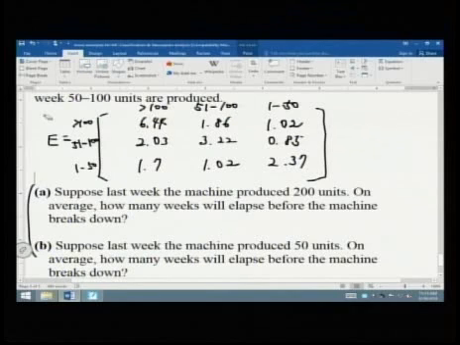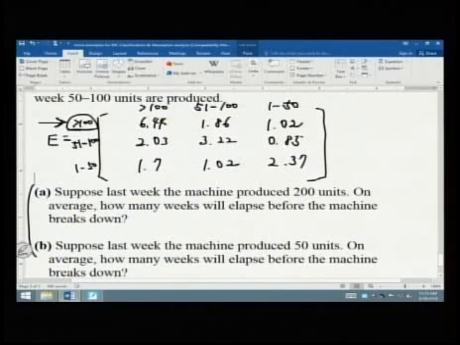Because last week there were 200 units, we need to look at the first row, which is greater than 100. Obviously 200 is greater than 100, so we need to look at the first row.